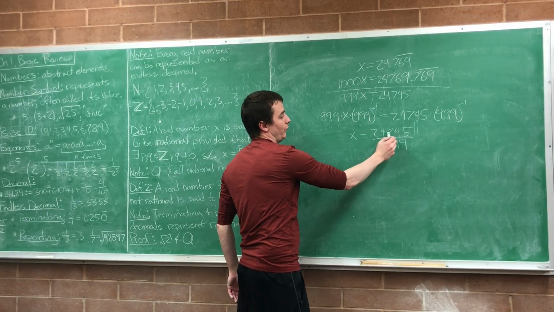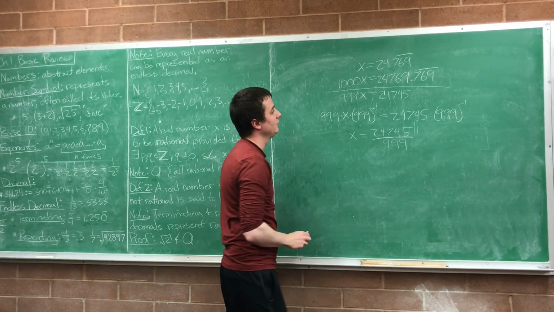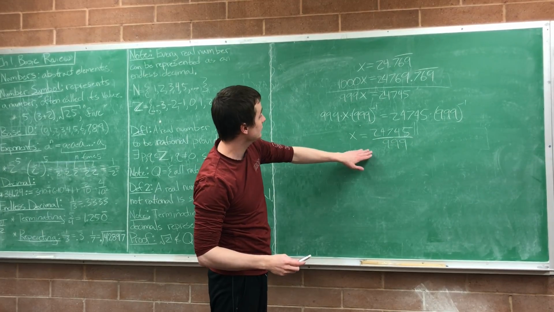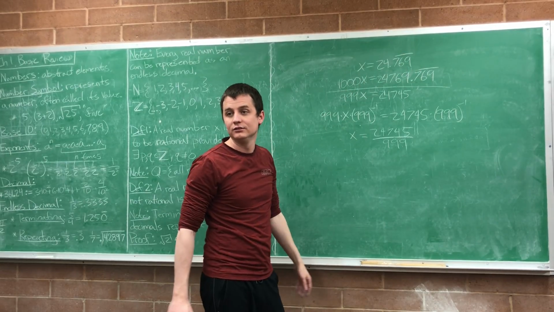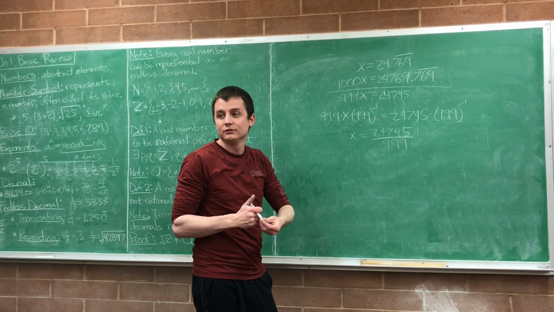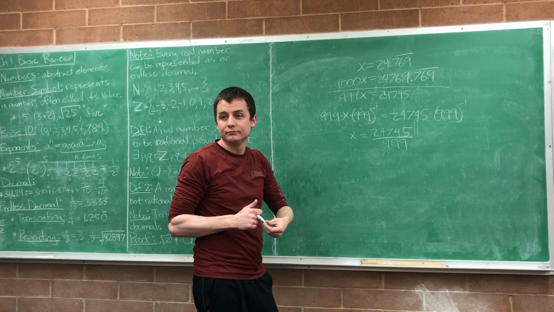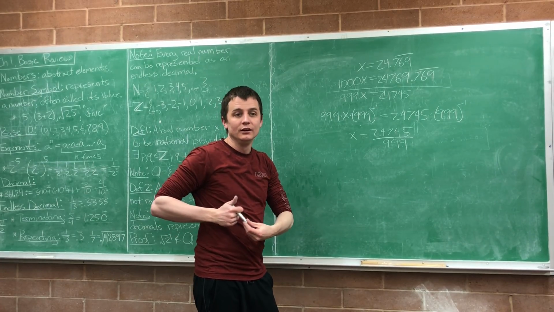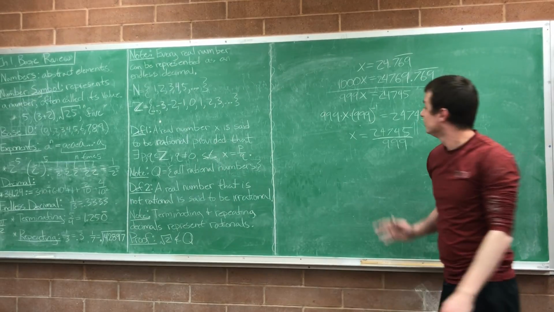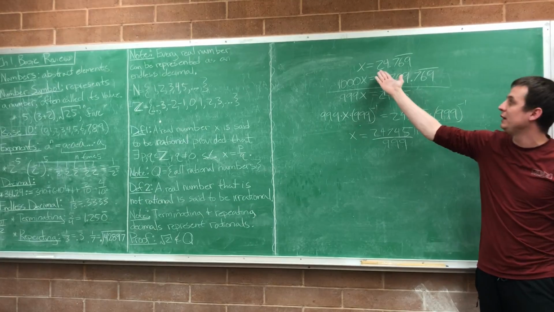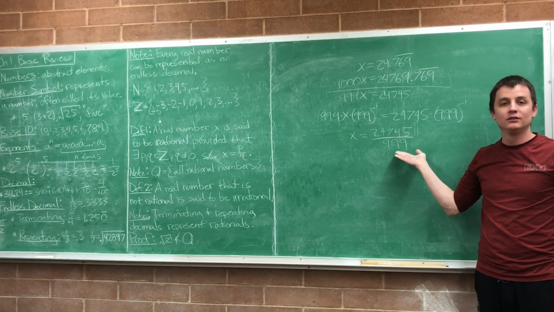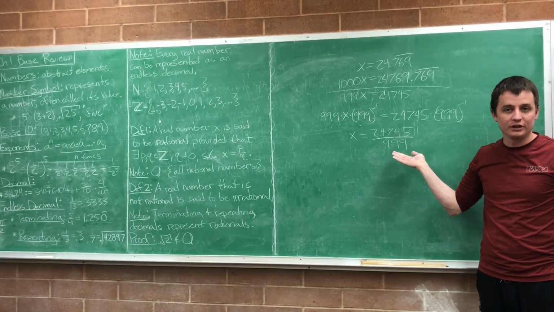So if you take your calculator and you do 24,745 divided by 999, you will get 24.769769769 on your calculator. Make sense? And so this was just doing an example, but this gives you a sense of how you can show any repeating decimal is in fact a rational number.